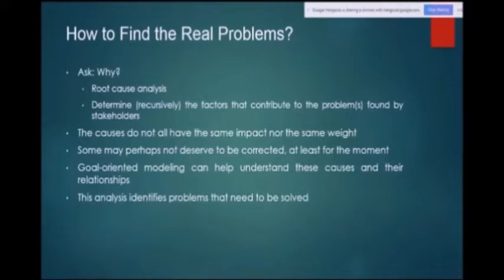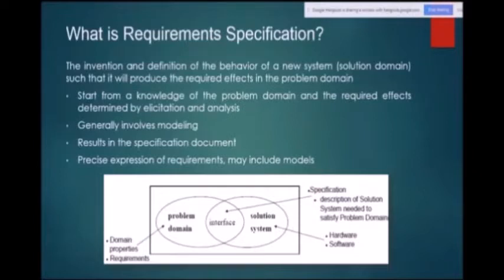The causes do not all have the same impact nor the same weight, because each might have its own impact or its own weight, but they don't have the same impact or the same weight. Some may perhaps not deserve to be corrected, at least for the moment. At least we can go on the floor and we can start the development of the system.